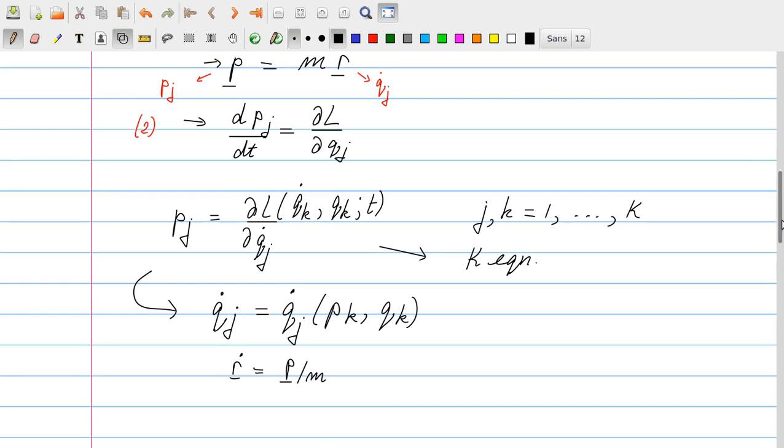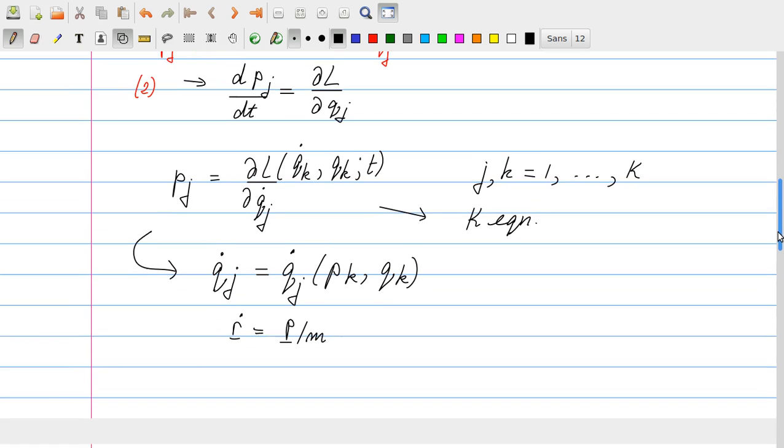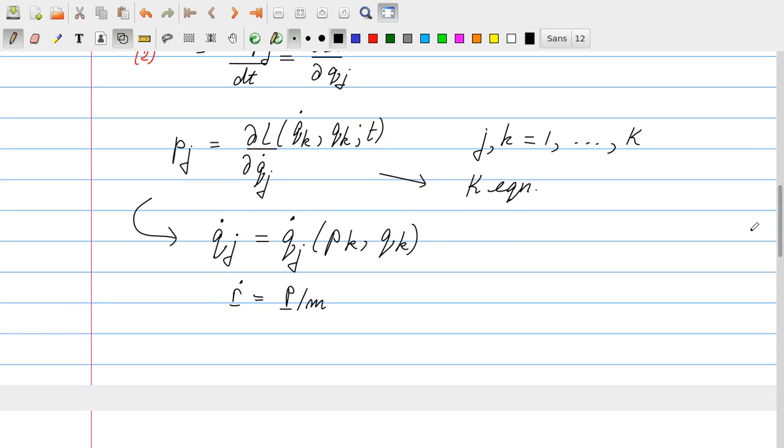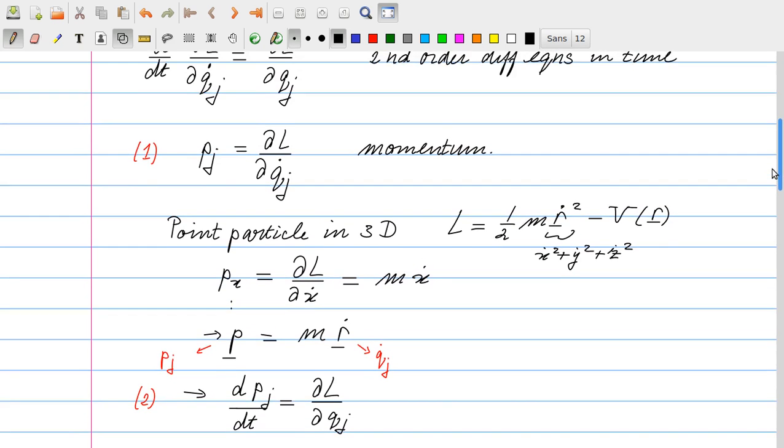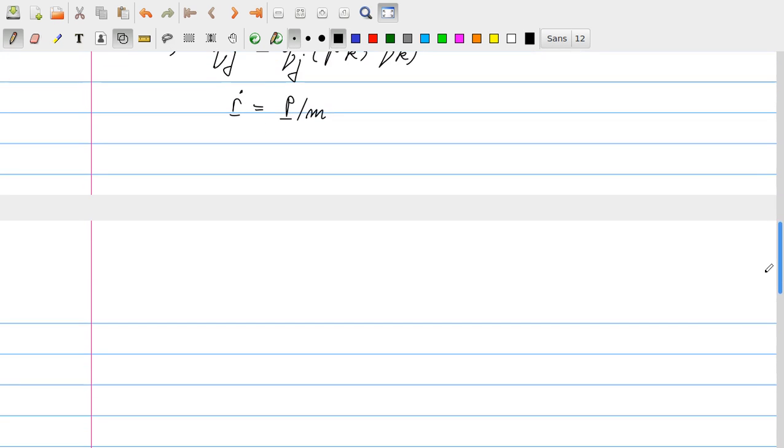And the question now is, can we find a functional, some object which depends on the pk and the qk such that we can derive from that object a kind of equations like the Lagrange equations of motion. And it turns out that that is the case, and that new object is called the Hamiltonian. It's H, and it's defined as follows.